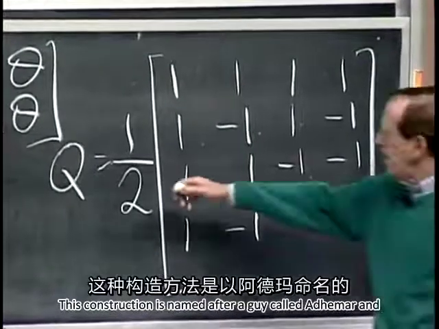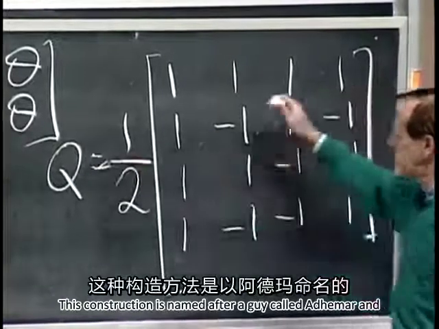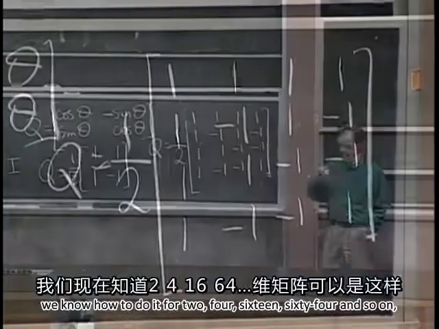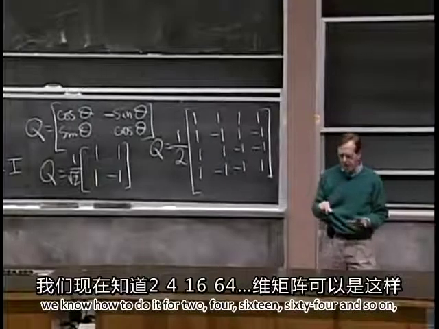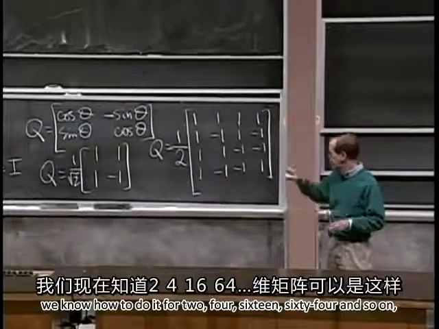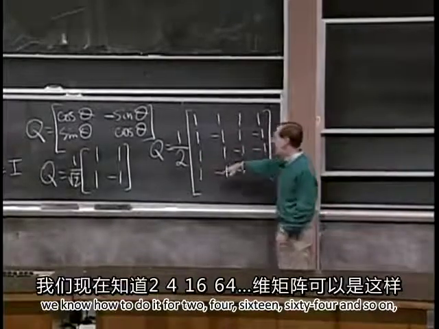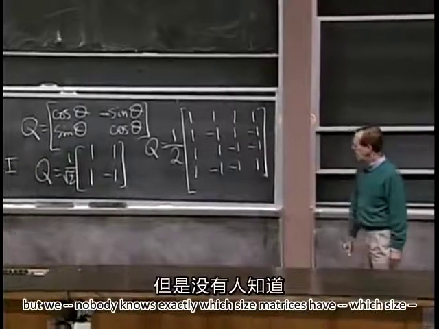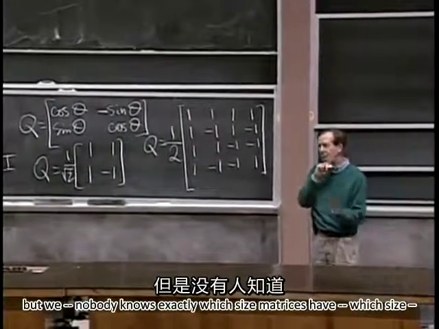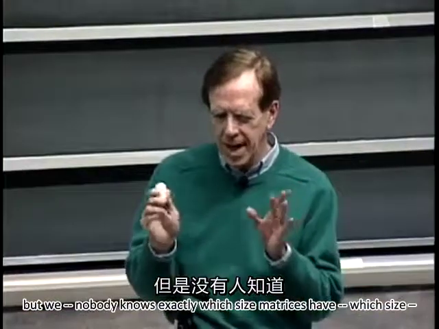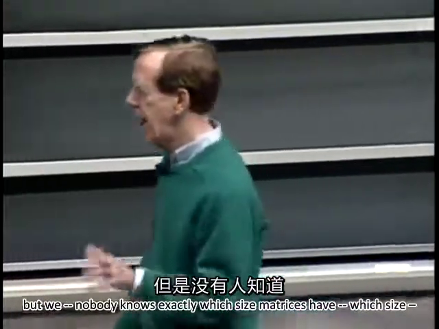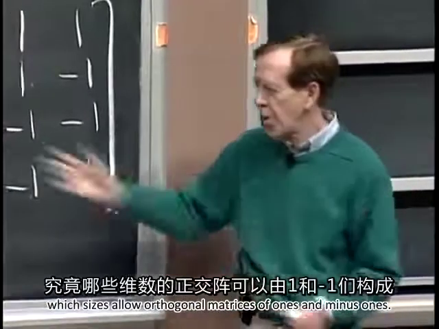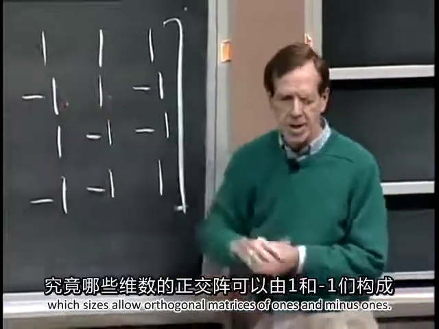This construction is named after a guy called Hadamard, and we know how to do it for 2, 4, 16, 64, and so on, but nobody knows exactly which sizes allow orthogonal matrices of 1s and minus 1s.